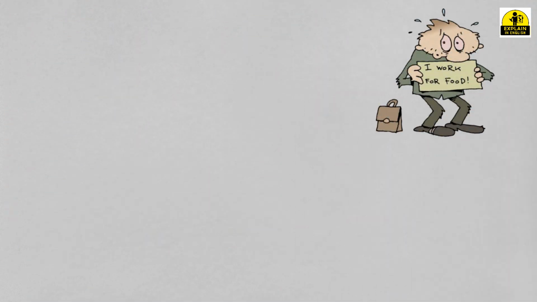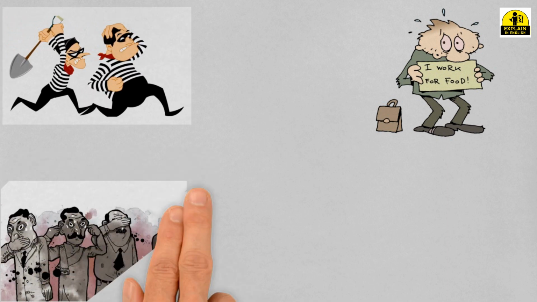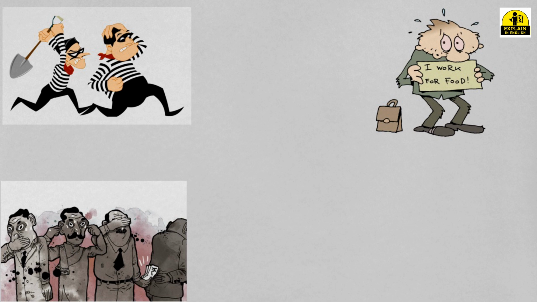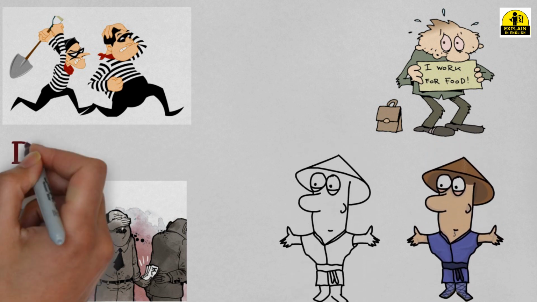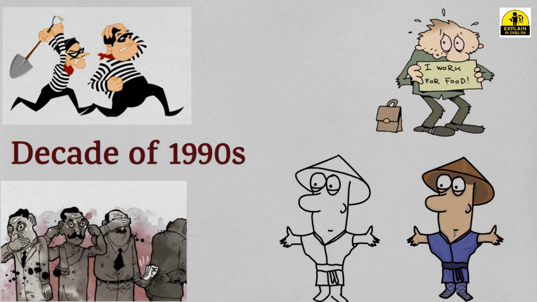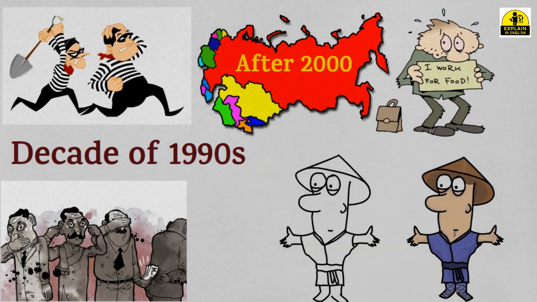To survive and fulfill their basic needs, people indulged in crime. Corruption also increased in these countries. The poor became poorer while the rich became richer. The decade of 1990 was a bad period for all these countries. But after the year 2000, everything went well, or all the countries went on their own paths.